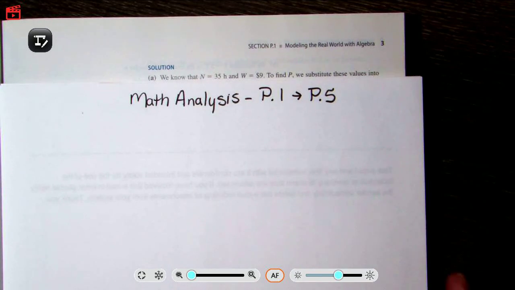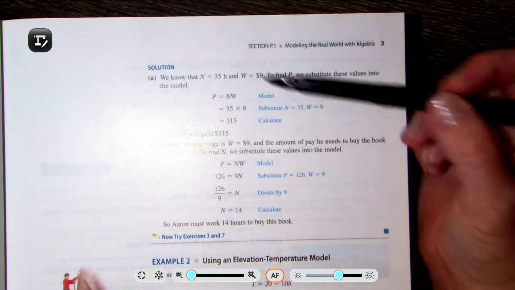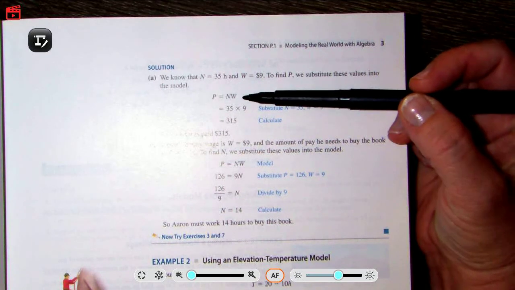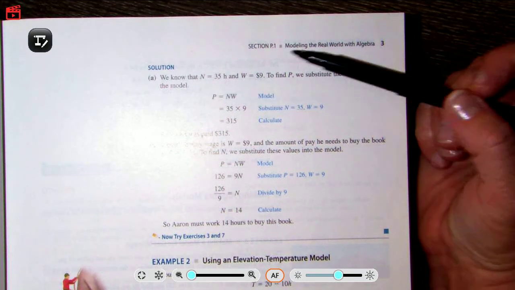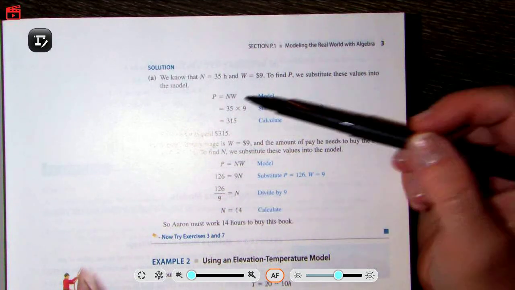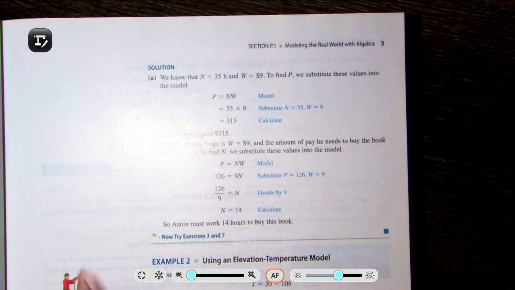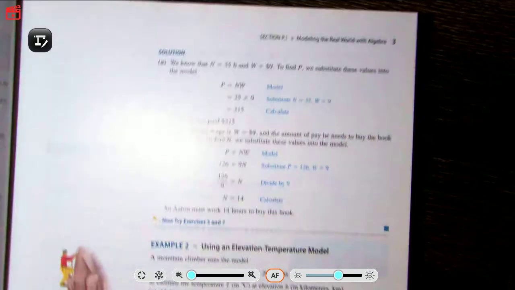What I want you to be able to do in your modeling is, if you have a formula and it says to find P for given values, you know how to substitute values and then walk through the correct order of operations to get that. We will be using calculators, so I'm expecting you to be able to use your calculators relatively efficiently.